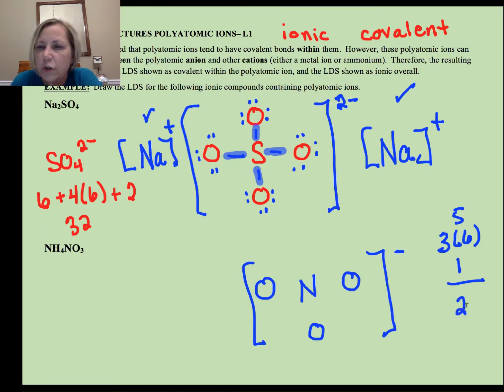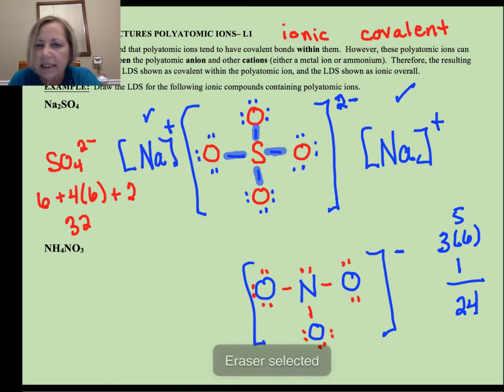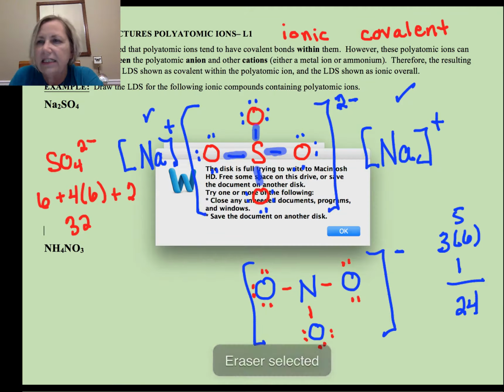So that gives me 24 electrons to play with. So I'm going to make my bonds, satisfy my central. That's 8, 10, 12, 14, 16, 18, 20, 22, 24. Now, this oxygen is not satisfied, and so there's going to be a double bond there.